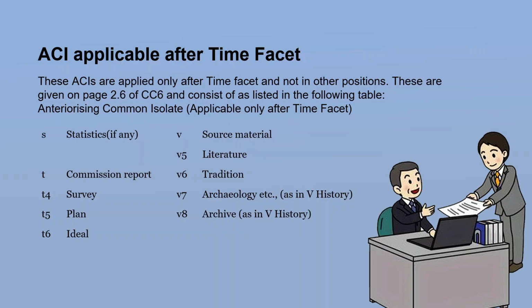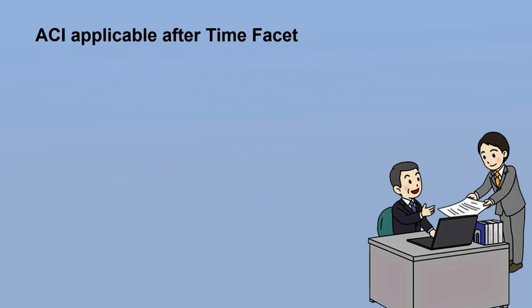Here we can see statistics, commission report, survey, plan or source material, literature, tradition, archaeology, as in the case of main class history, or archive, also in the case of main class history. These are used as common isolates after time facet.